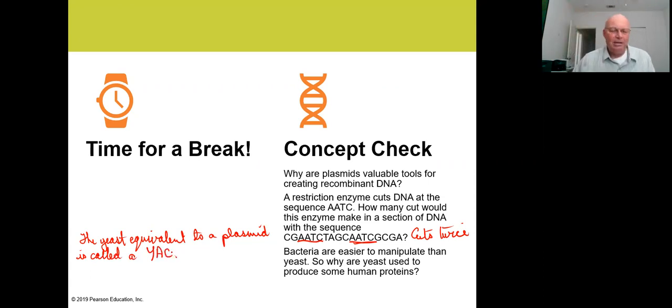So it's called a YAC, which stands for yeast artificial chromosome. It's kind of the yeast equivalent of a plasmid, and it can be genetically engineered as well.